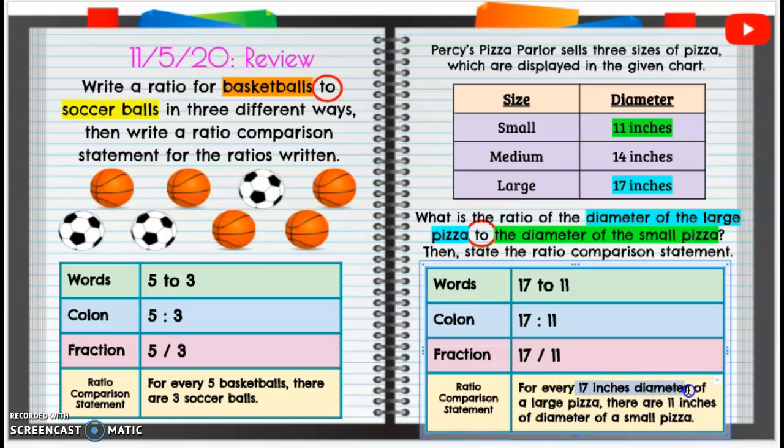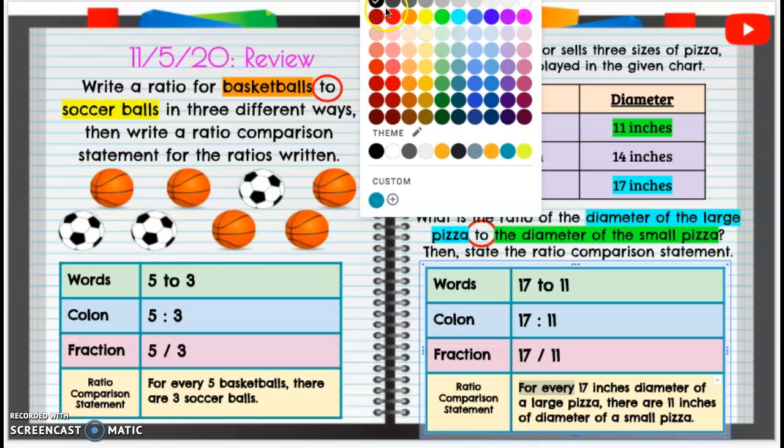So that's 17 inches diameter of a large pizza. For every blank, there are blank. So for every 17 inches diameter of a large pizza, there are 11 inches of diameter of a small pizza.